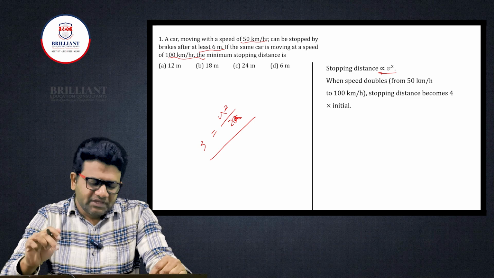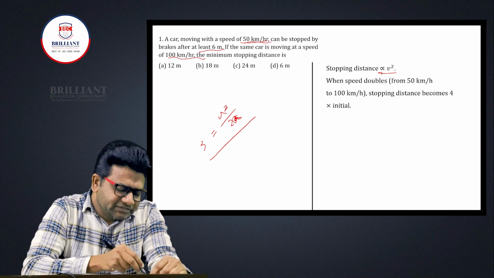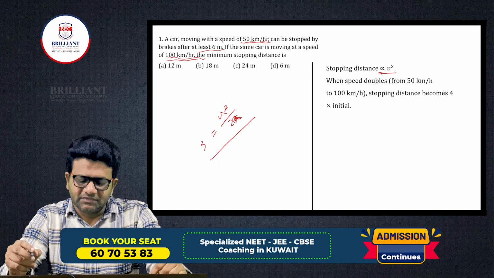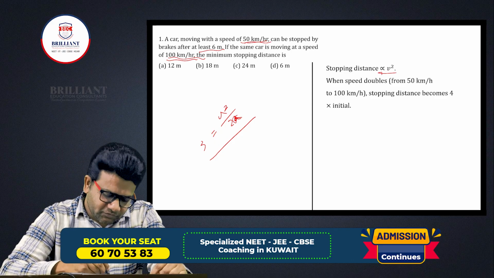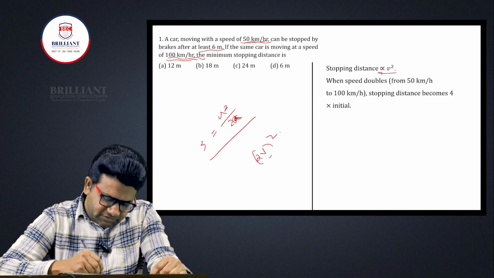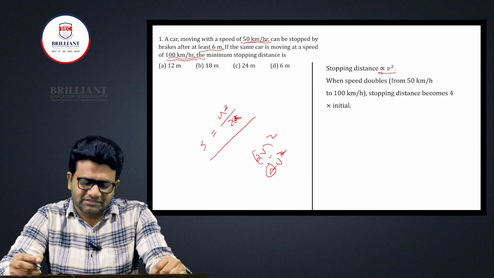In the question the speed 50 is changed to 100, so the speed is doubled. If the speed is doubled, 2V into whole square is equal to 4V square. So the stopping distance becomes 4 times.